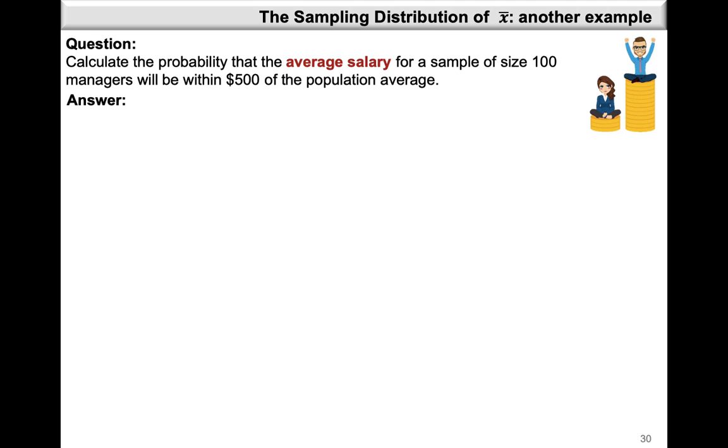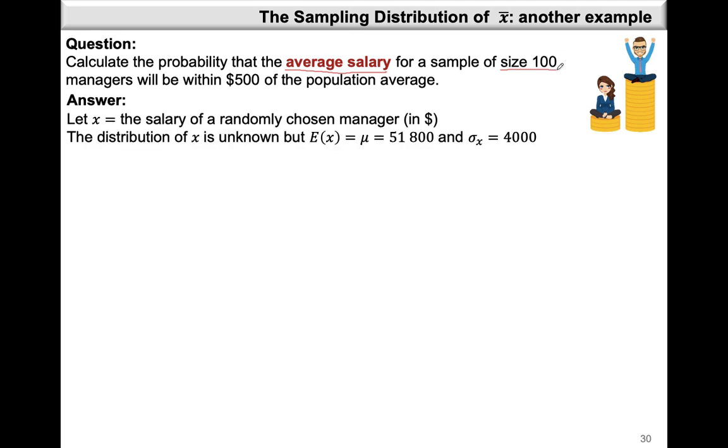So we can clearly see that we are now interested in the average salary for a sample of size 100. So going back to the initial information, we can define X as the salary of a randomly chosen manager in dollars, and X has an unknown distribution with a mean of 51,800 and a standard deviation of 4,000.